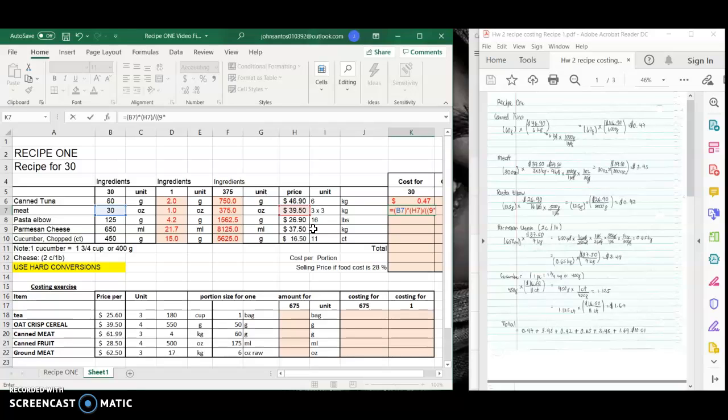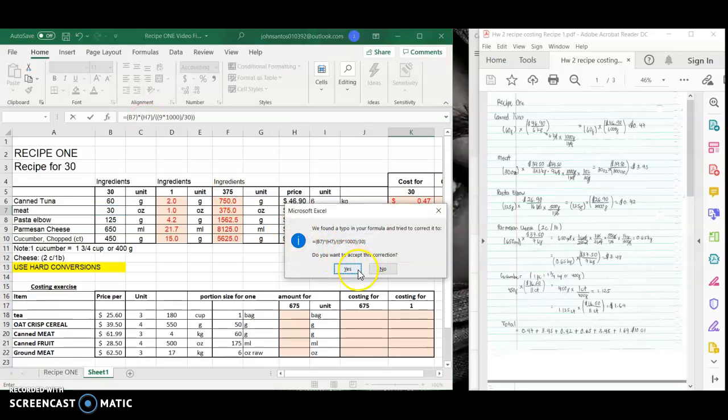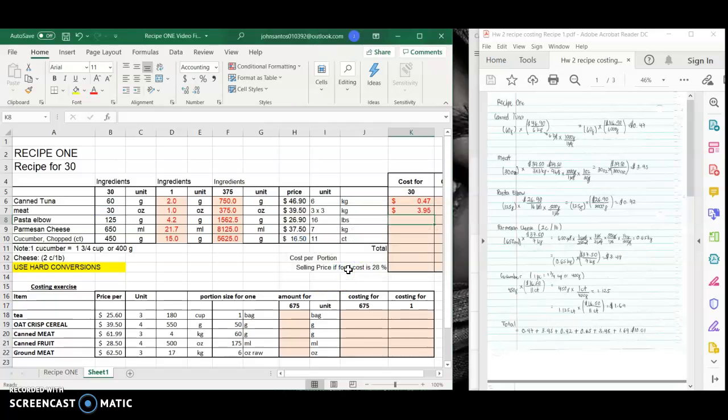That will be multiplied by 1,000 divided by 30. Make sure we edit that part. There you go, $3.95.